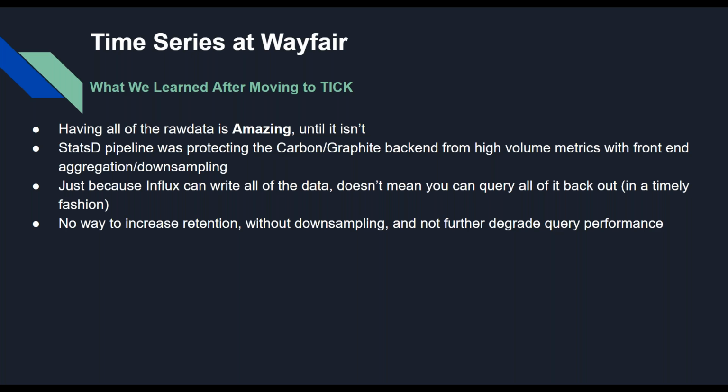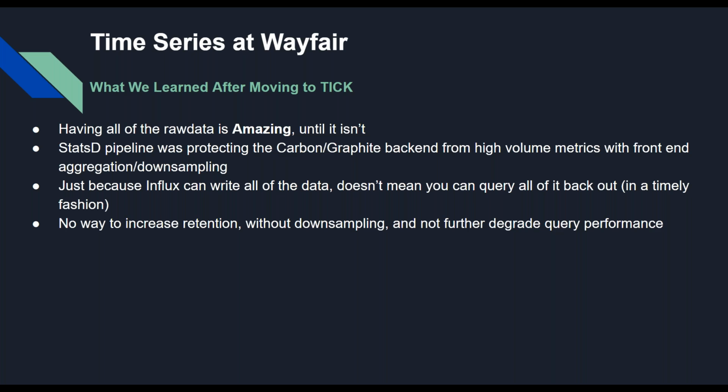What we learned after we shifted away from that statsd Carbon Graphite stack is that the raw data is great in terms of giving you a very fine granular view of what's happening within your services and infrastructure. But something we started noticing early on is that querying longer time windows became a real problem with some of the high volume measurements we had in our stack.